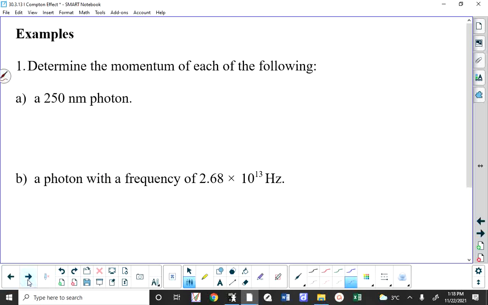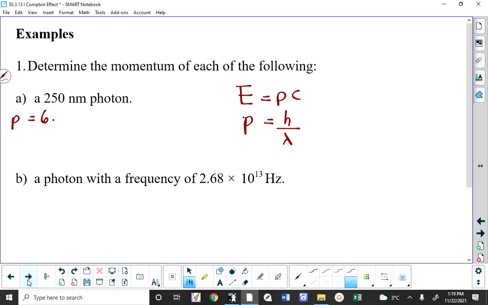All right, let's take a look at a few questions. Determine the momentum of each of the following. A 250 nanometer photon. So it's a photon. The only two formulas we can use that have momentum in them for a photon are p equals h over lambda or E equals pc. We have to use p equals h over lambda because we're given lambda.